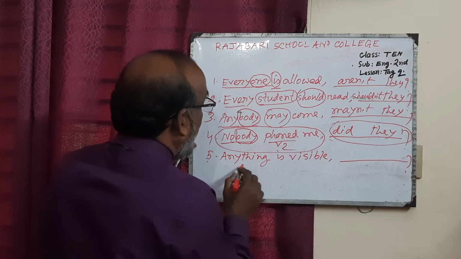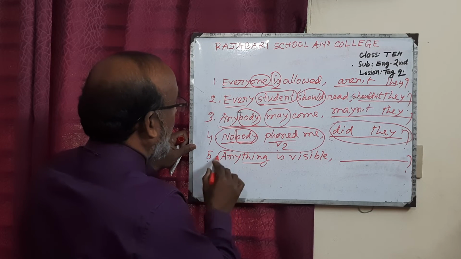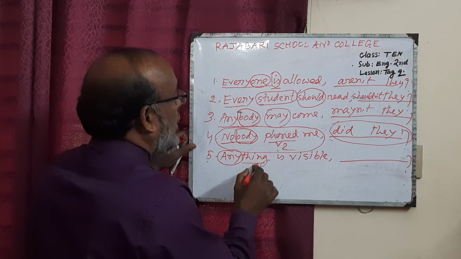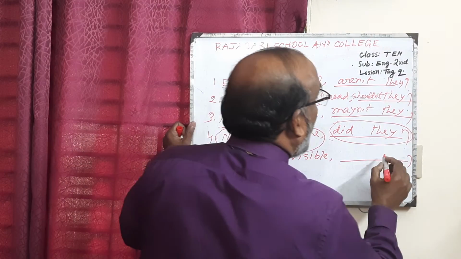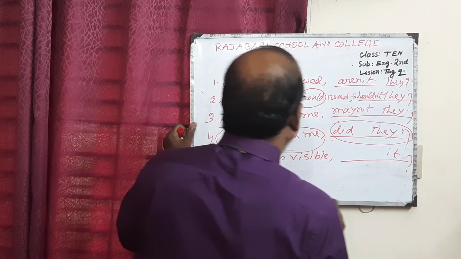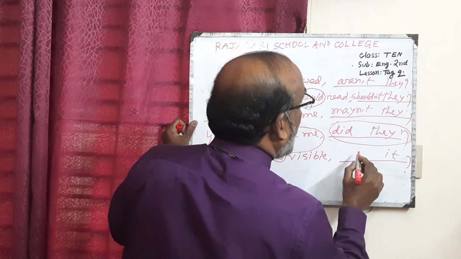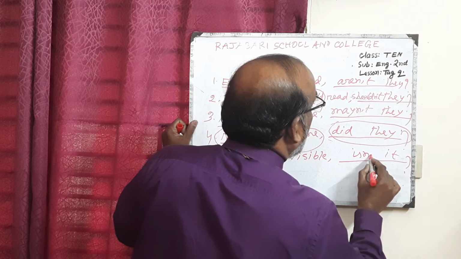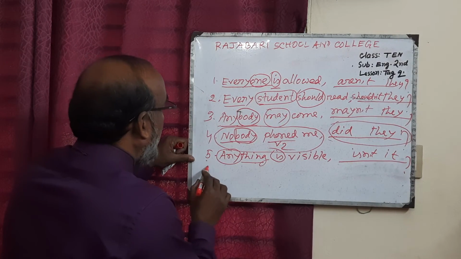Here you can see things after any. It is imperson. And here the subject will be it. And here you can see auxiliary verb is, so you will use here isn't it. Okay?